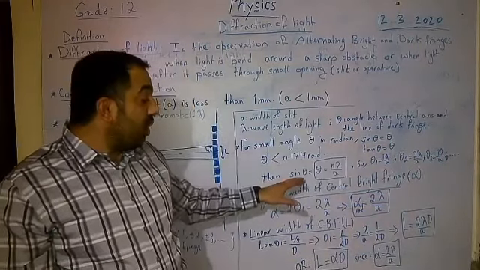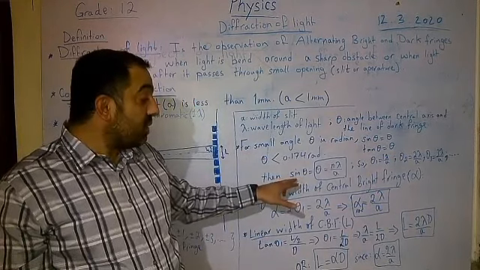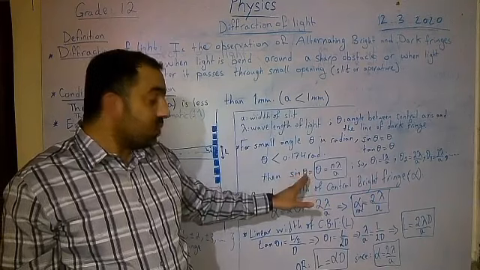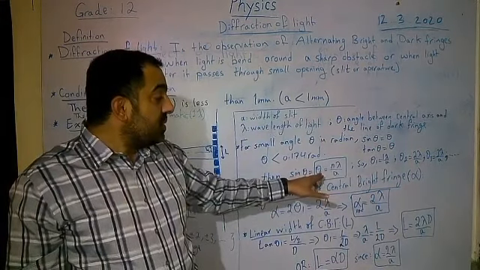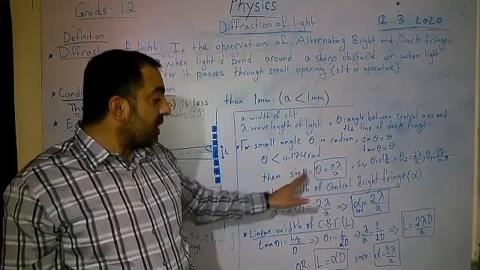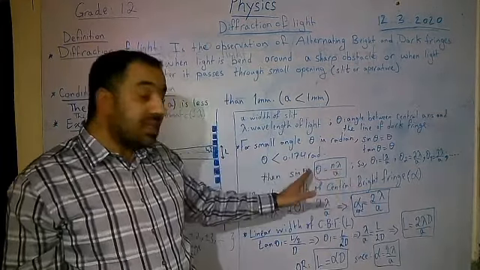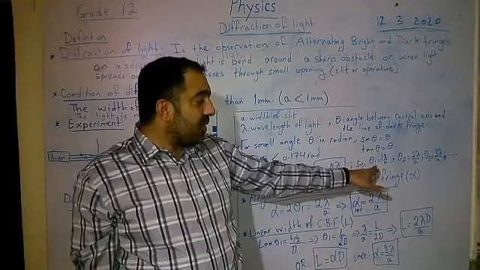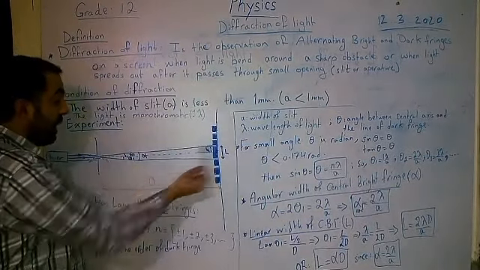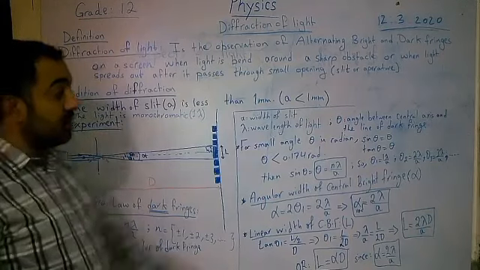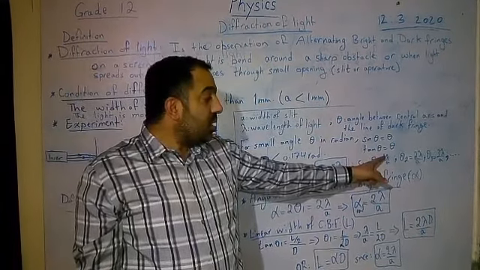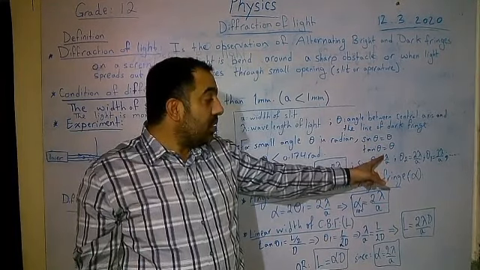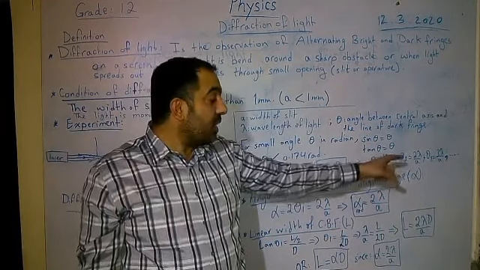If we go back to the law of diffraction for dark fringes, because the angle is small, instead of sine theta equals n lambda over a, we can say theta equals n lambda over a. For the first dark fringe, we have theta 1, which equals 1 lambda over a.